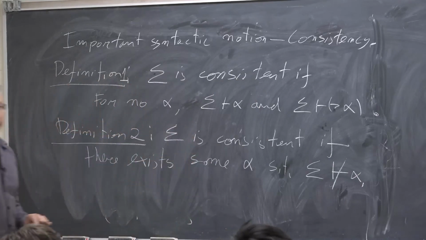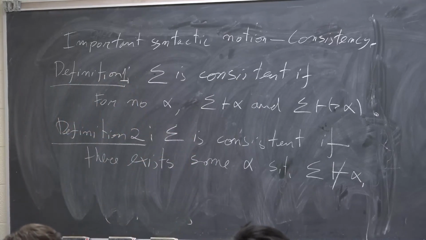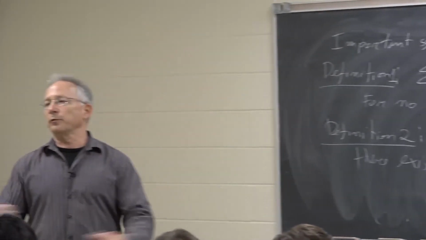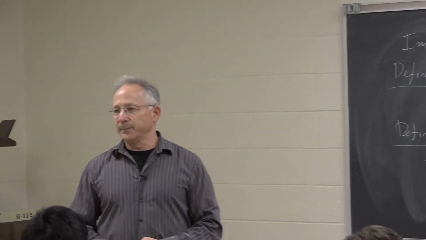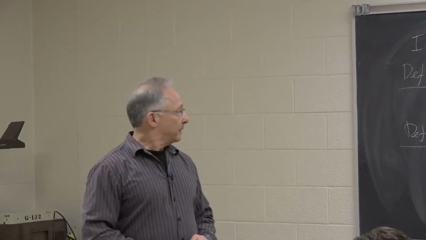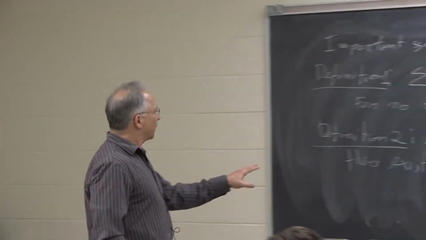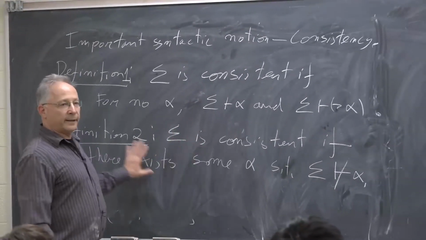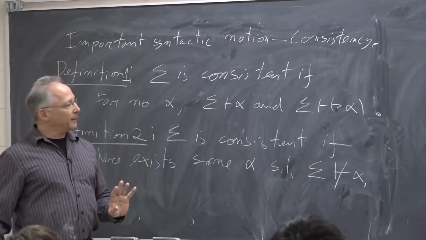So this is very clean. Something is consistent, or in other words, it's inconsistent if we can prove everything. Now, this is nicer because there is no special role to any symbol. This is completely just playing a fair game.